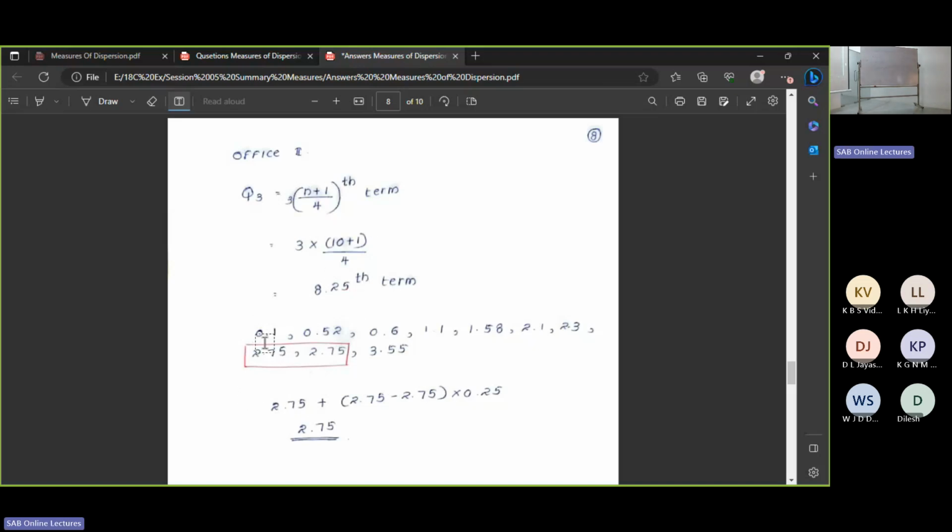In office 2, the 8th term and the 9th term are the same, 2.75. Then the answer is 2.75. Why? The difference between these two values equals 0. Then again we get 2.75. Okay, understood?